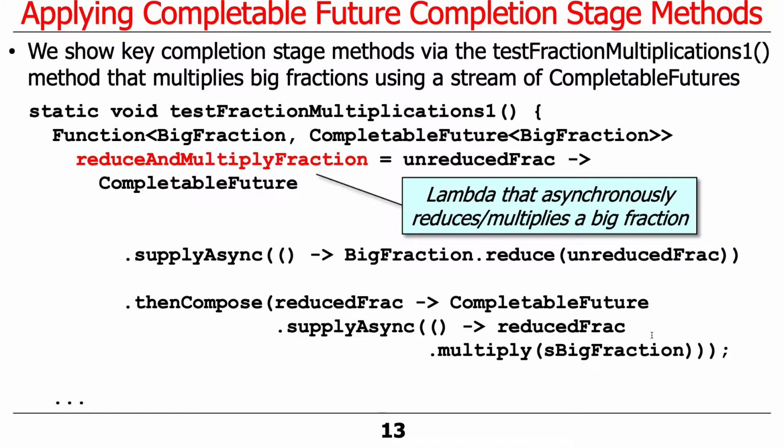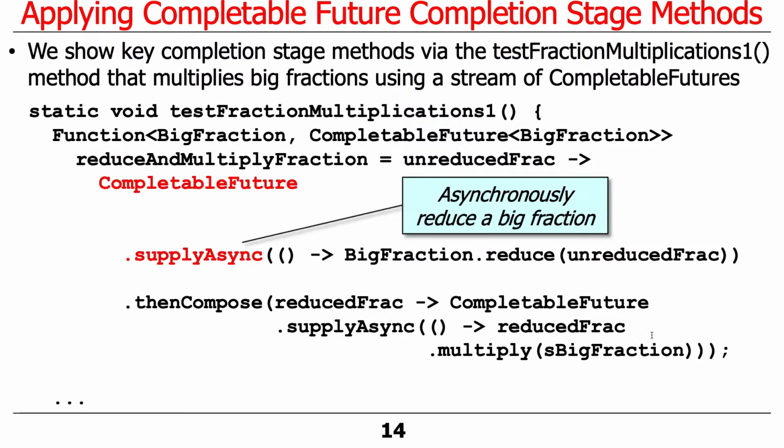Here is the reduceAndMultiplyFraction function. As you can see, this thing takes an unreduced big fraction, and it's basically a lambda, and it's going to asynchronously reduce and multiply the unreduced fraction. It does this by asynchronously reducing the big fraction, so it's going to take the unreduced fraction and reduce it asynchronously.